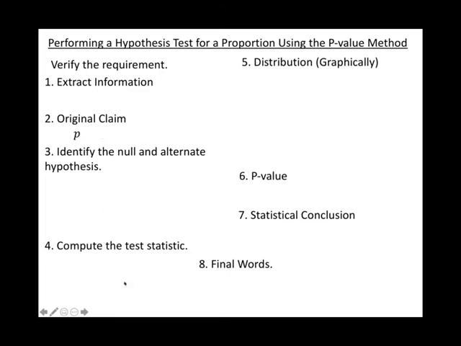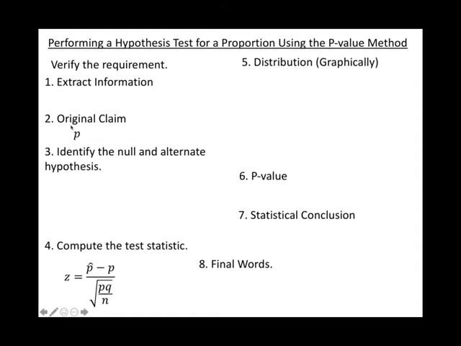After you figure out the original claim statement, look for the formula. For each population parameter, we have a formula for the test statistic. For the population proportion, the formula for the test statistic is p hat minus p, divided by the square root of p times q divided by n. Remember what p hat is again: the sample proportion. Then p is the population proportion of success, q is the population proportion of failure, and n is the sample size.